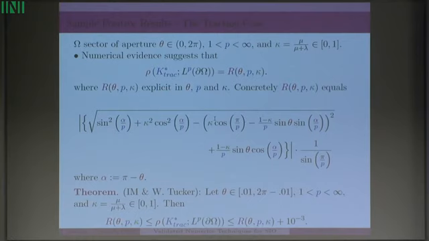In collaboration with Tucker, we have shown that if the angle spans the interval from 0 to 2 pi, but not really all the way to 0 and not really all the way to 2 pi, just a little bit inside, and p is between 1 and infinity, then the spectral radius is between this conjectured value and a small error. Okay?